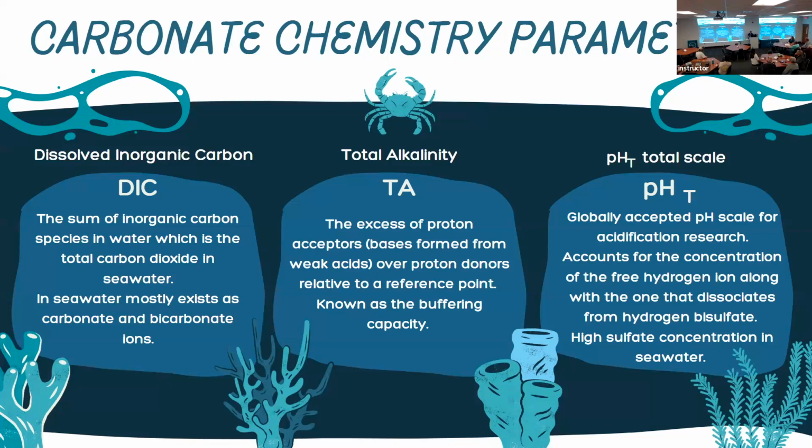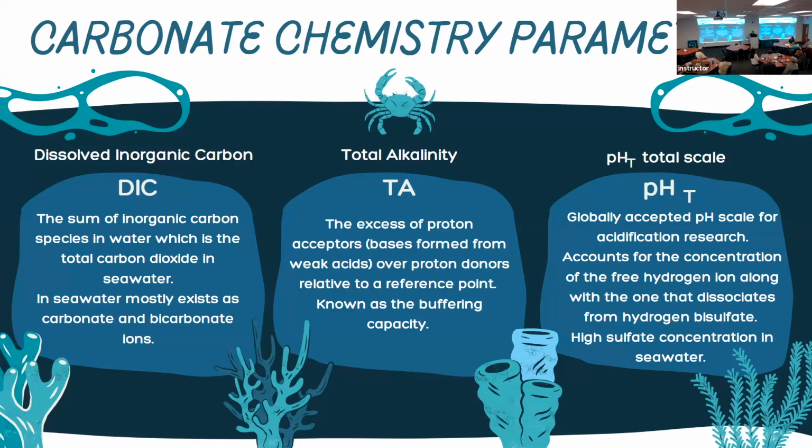In seawater, DIC mostly exists as carbonate and bicarbonate ions. Now, the next parameter we look at is total alkalinity, or TA. The basic definition of TA is that it's the excess of proton acceptors over proton donors relative to a reference point. It's also known as the buffering capacity. So it's what's going to offset that carbon in the water.